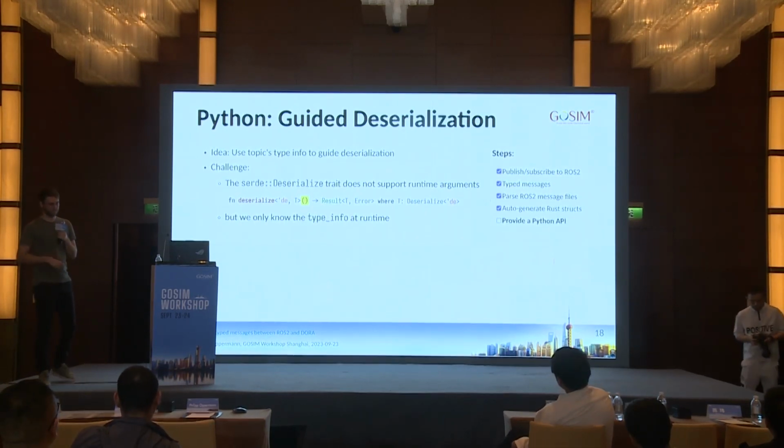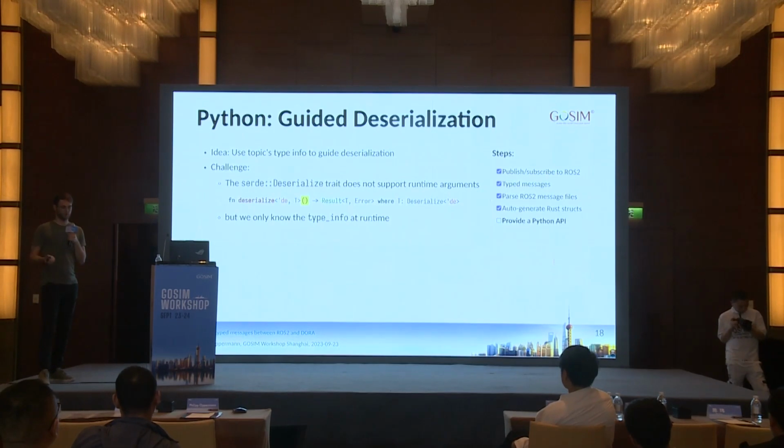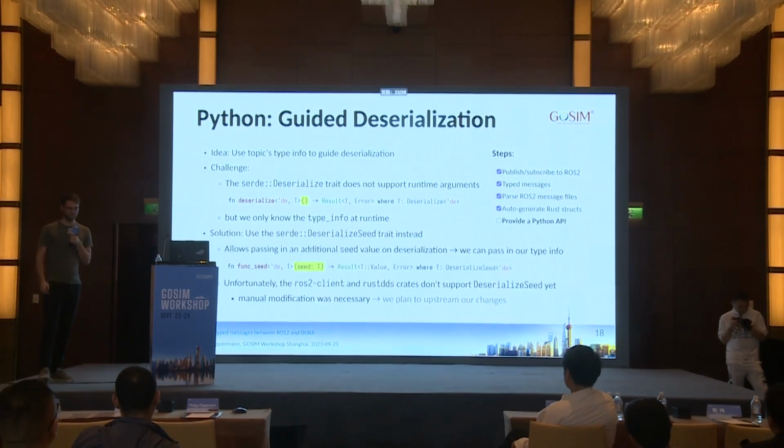But one challenge is that the Deserialize trait in its standard form doesn't support any additional runtime arguments. But we only know the type info at runtime, so we need to use something different. And this thing that we need to use is called DeserializeSeed. It's also included in the serde crate, but it's much less used in the ecosystem.